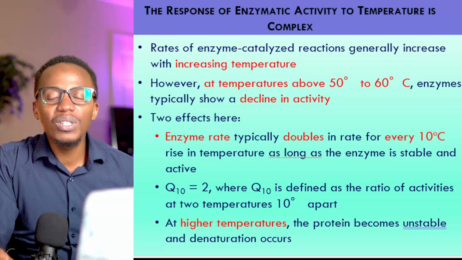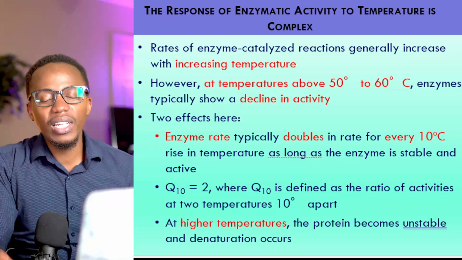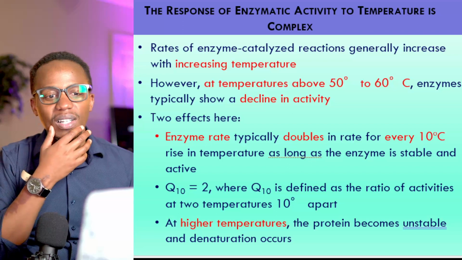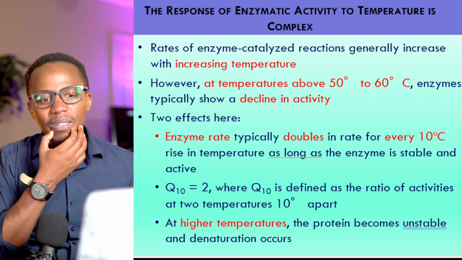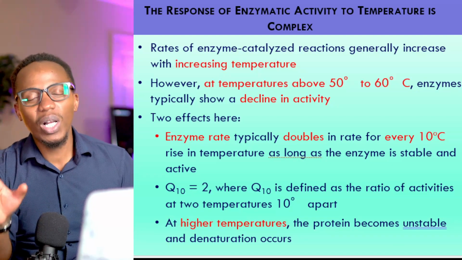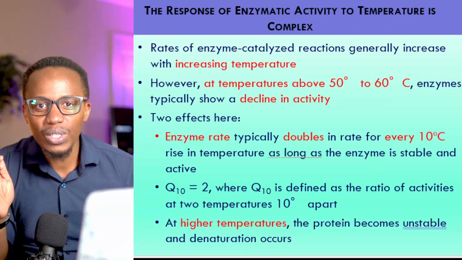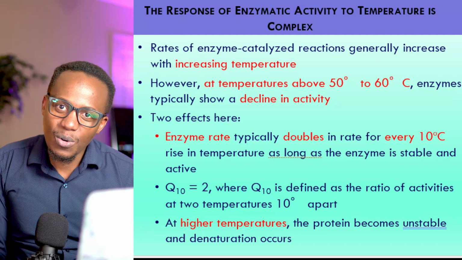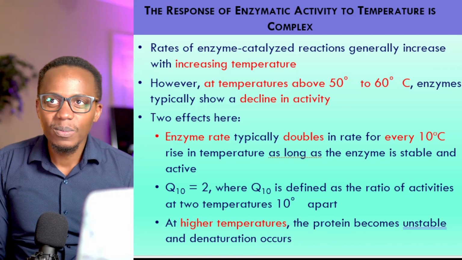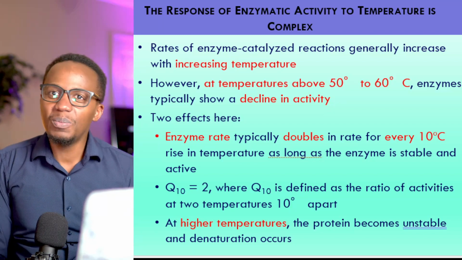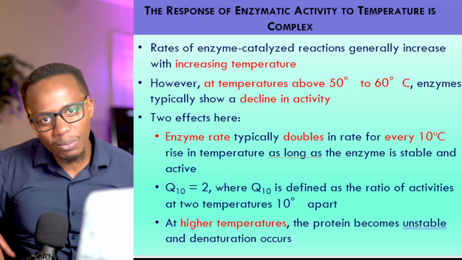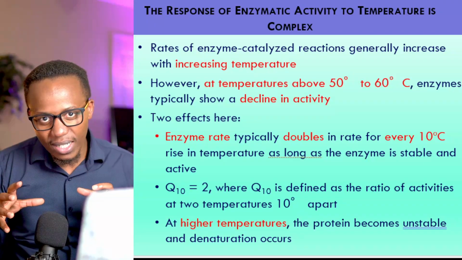So most enzymes work well in temperatures between 50 to 60 degrees Celsius, right? No. That's actually too high. Most enzymes work well around the physiological temperature. Does anybody know what the physiological temperature is, by the way? It's going to be around 37 degrees. So enzymes work well around that.